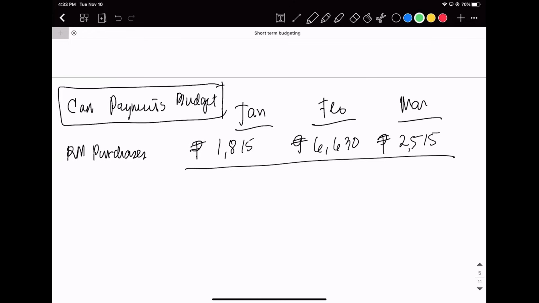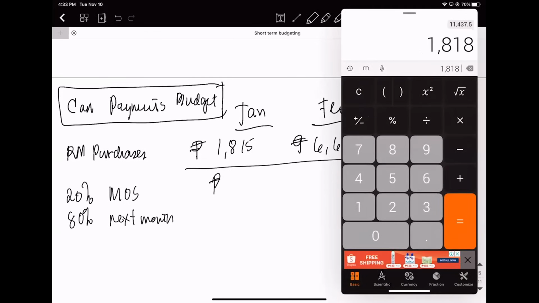Okay, so paano siya bayaran? Ang sabi, 20% and 80%. So 20% in the month of sale. Ayan, month of sale. Then 80% next month. Ayan, so yun na lang lagay natin. So dito, magkano yun? So 1815 times 20%, 363.